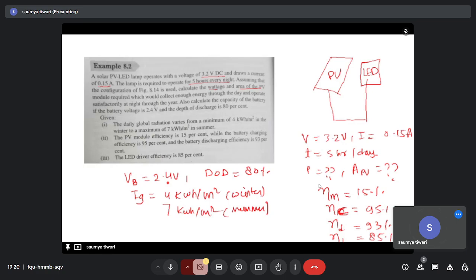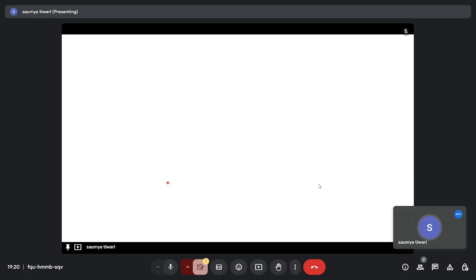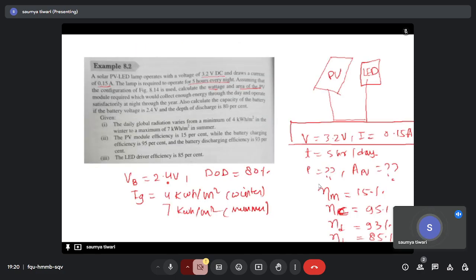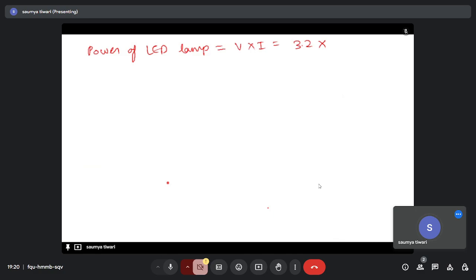So for the LED lamp, the voltage and the current value is given, so we can calculate the power of the LED lamp, right? Which will be V into I, which will be 3.2 into 0.15, so it will be 0.48 watt.